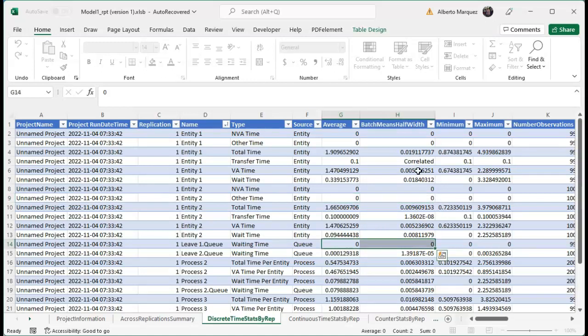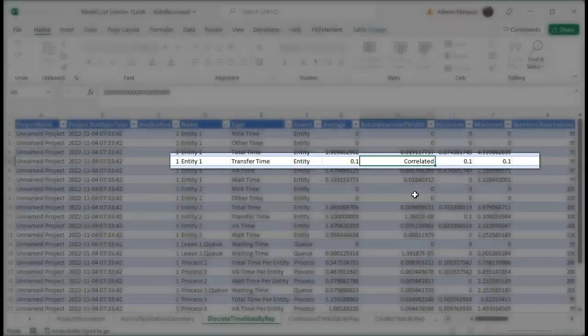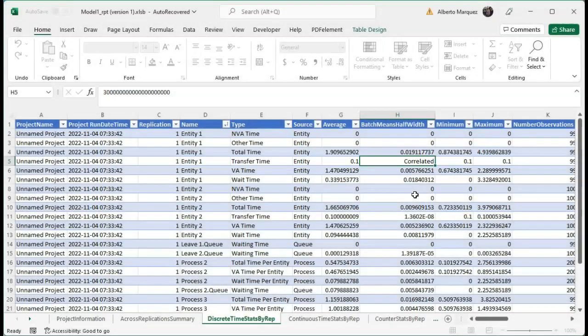Now, you will have some instances where you will see correlated. The reason you have correlated is that the information you see in the average may be correlated from one entity to the next, in the sense that the value of the current observation is very highly correlated with the previous observation, or maybe the previous two observations, and so on.